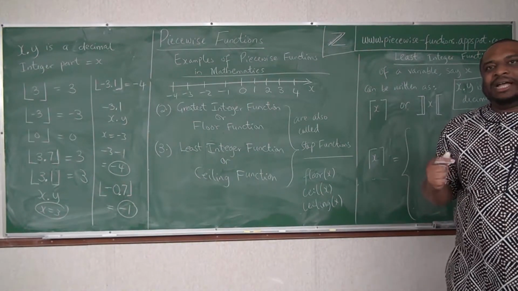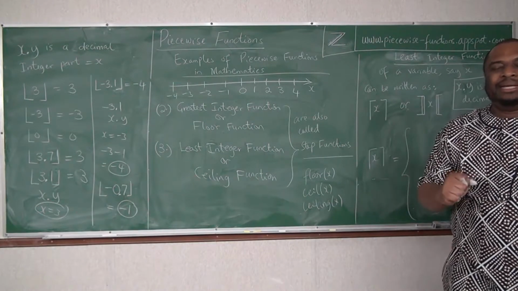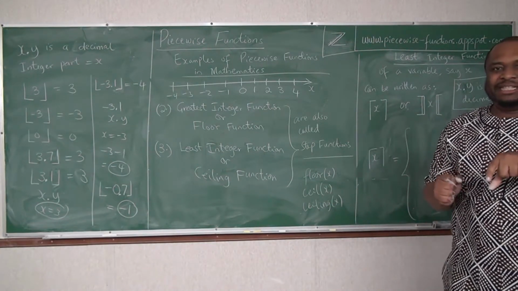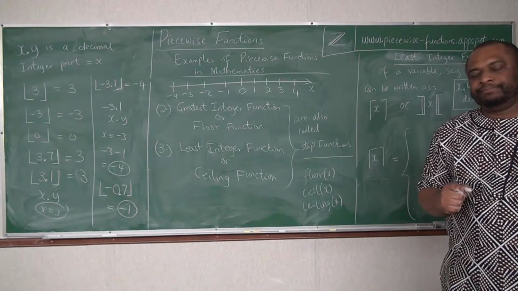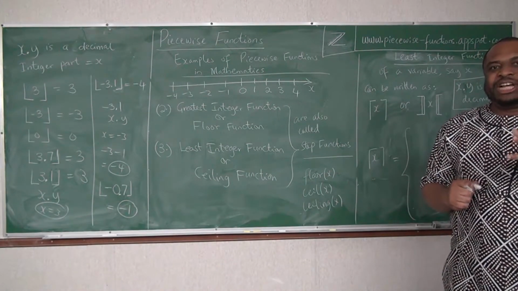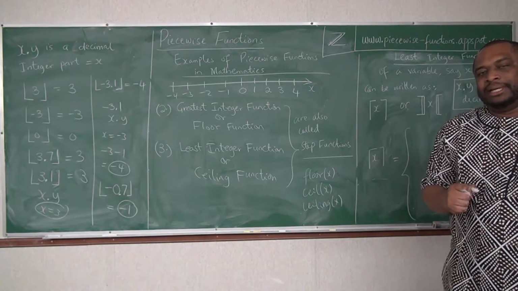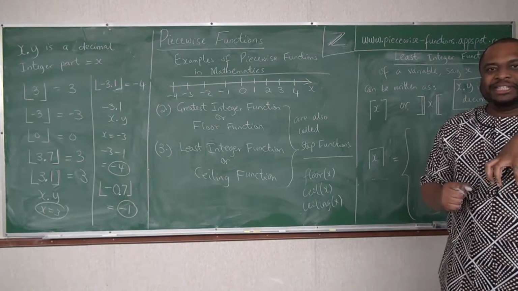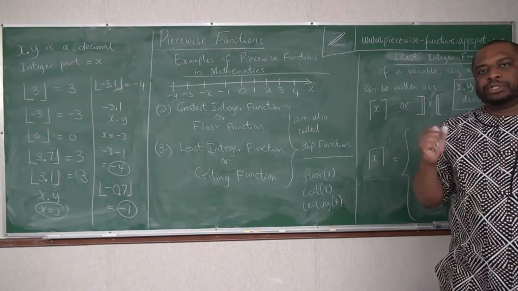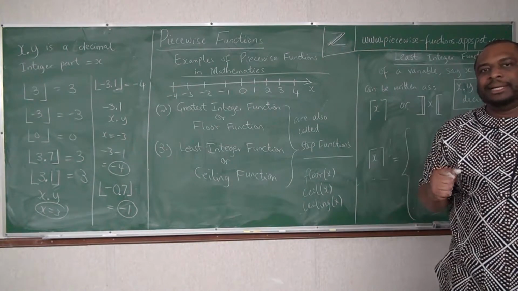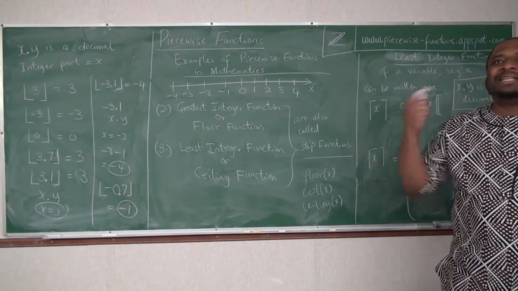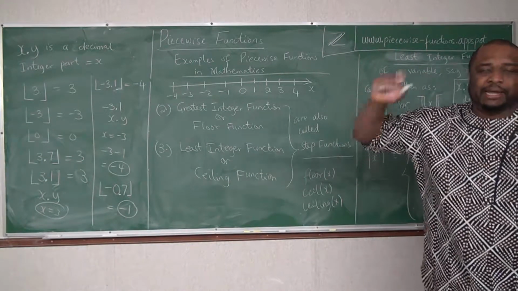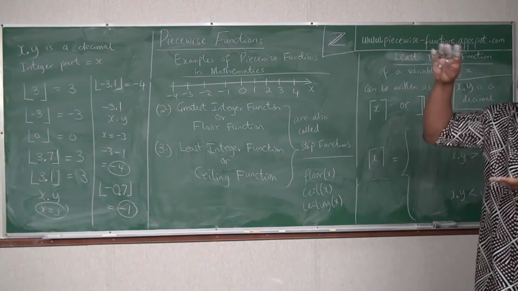The least integer of a number is defined as the least integer that is greater than or equal to that number. The greatest integer of a number is defined as the greatest integer that is less than or equal to that number. The least integer of a number is defined as the least integer that is greater than or equal to that number. Ceiling.